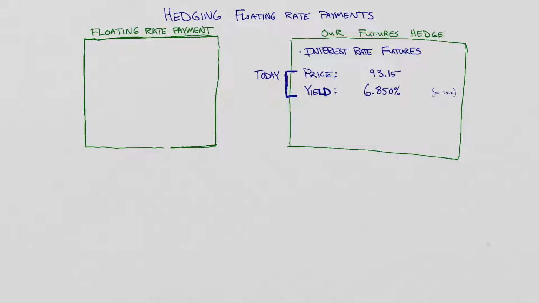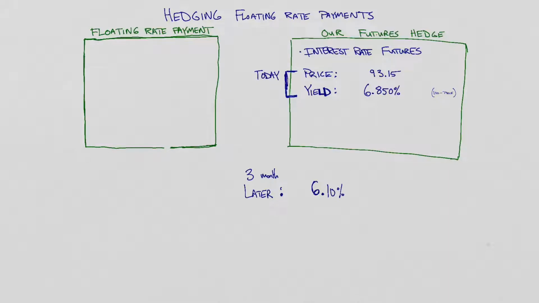And the price today is 93.15. And instead, 3 months later, what we have is that interest rates have changed and they have gone down to 6.10%. So they've gone from 6.85% down to 6.1%.